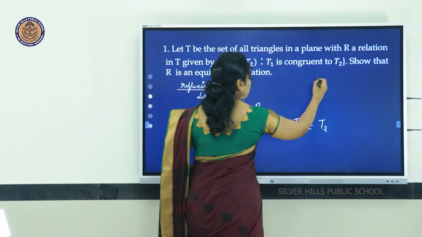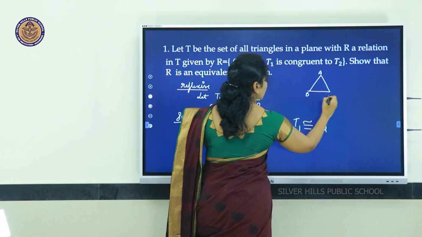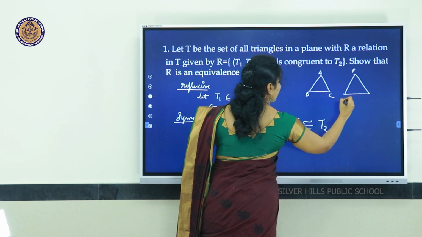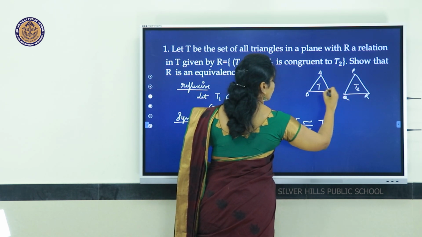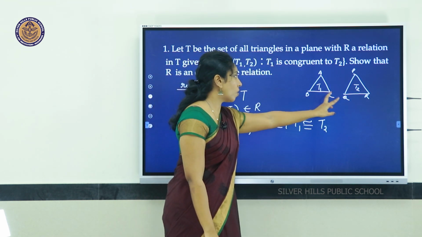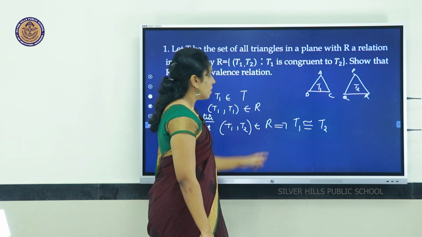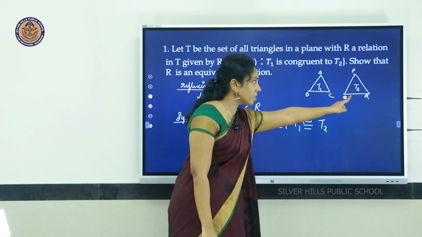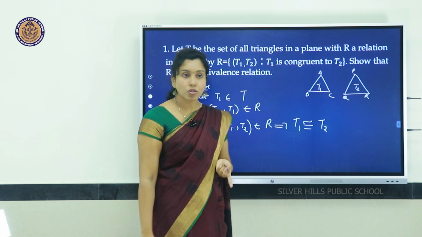If I draw two triangles, ABC and PQR, and name them T1 and T2, I say T1 is congruent to T2. That is what I wrote here. I can also say the second one is congruent to the first one, that is also true.